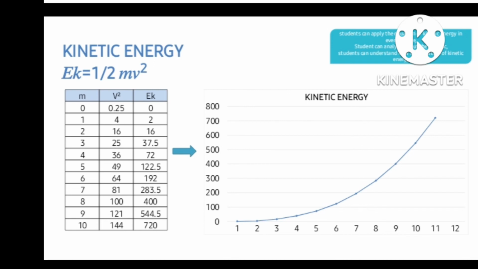So the value of kinetic energy is 544.5. Next, the mass is 10, the square velocity is 144. Then the value of kinetic energy is 720.